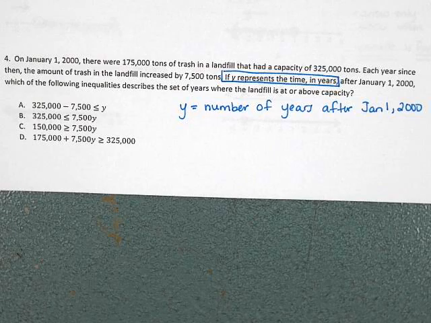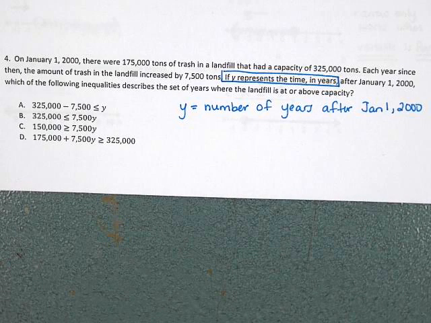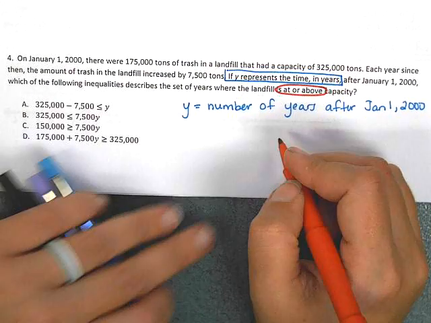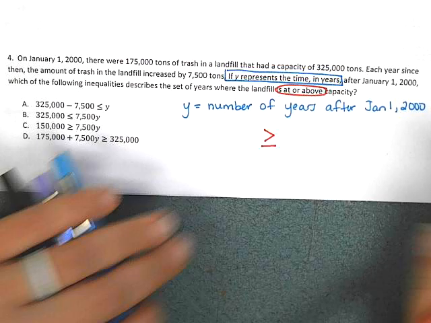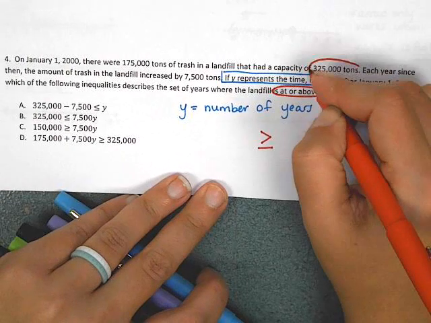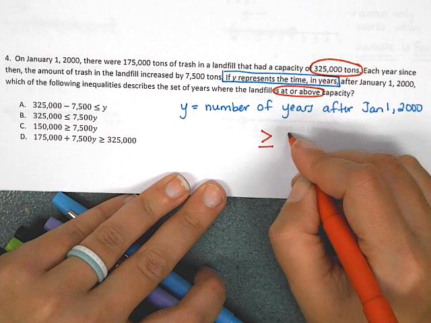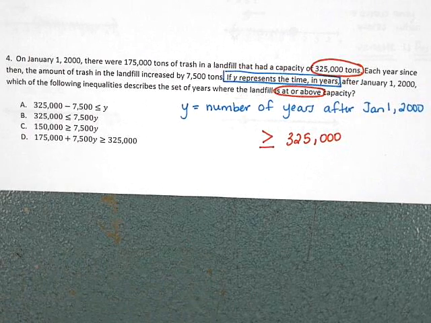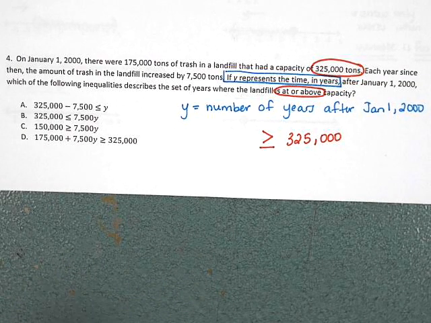Now, if I was to set up an equation here to figure out when I reach capacity or I am above capacity, at or above capacity means greater than or equal to my total amount I can hold. And it also says here in the problem that the total amount I can hold is 325,000 tons of garbage.